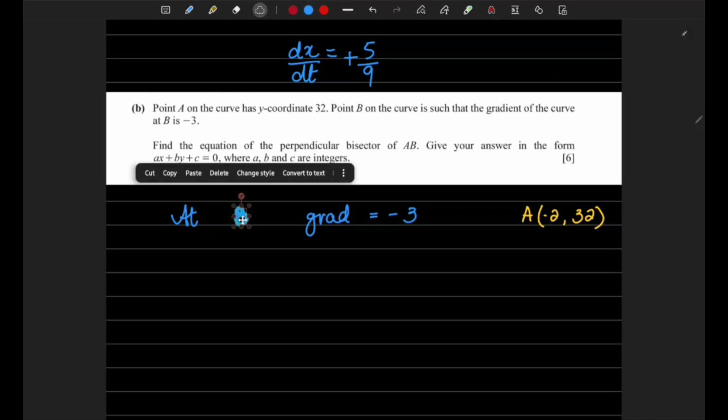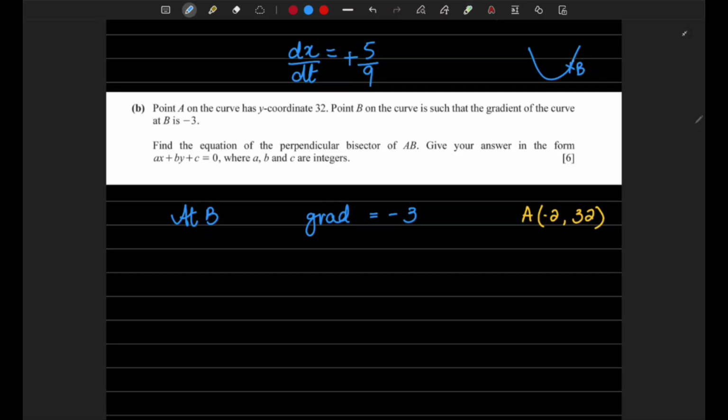So what do we need to find? We need the equation of the perpendicular bisector. So how can we find the perpendicular bisector? If the gradient of the curve at B, for example, your curve is this, this is your point B, so the perpendicular bisector would be this line. How can you find the equation of this line?